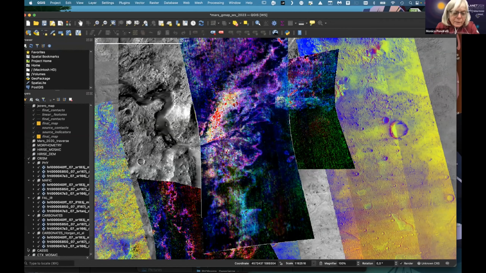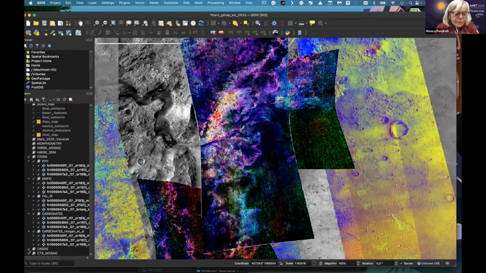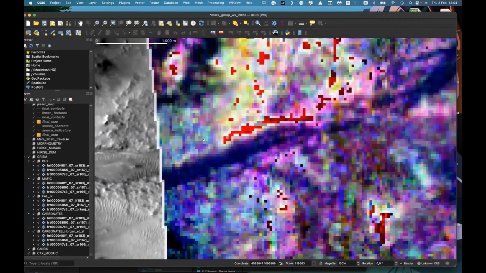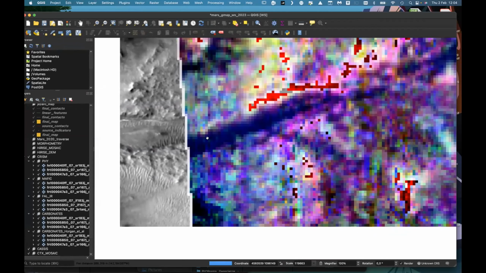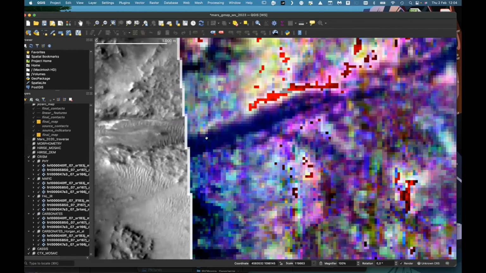When you zoom in, there may be a mismatch of a few tens of meters between CRISM and HiRISE, or even between the Murray mosaic and the team mosaic. So you should be aware when you're mapping that these things can occur, and in case you need either a control mosaic to start with, or to do georeferencing after the fact. Yes, that's very important.